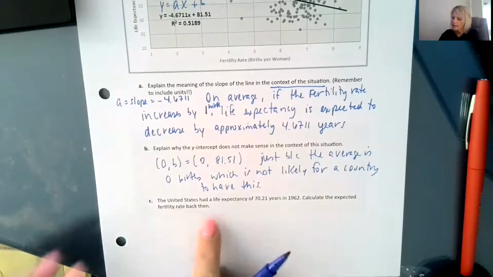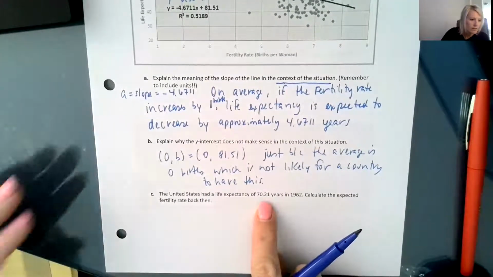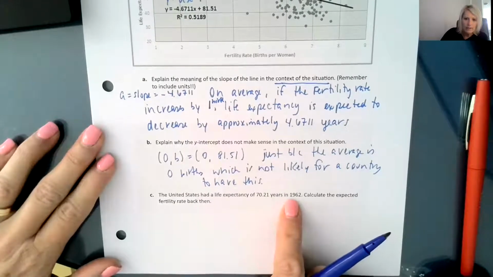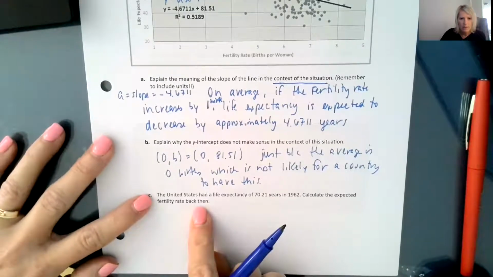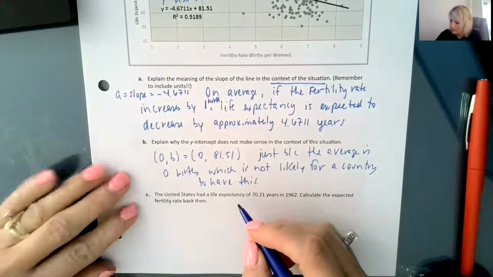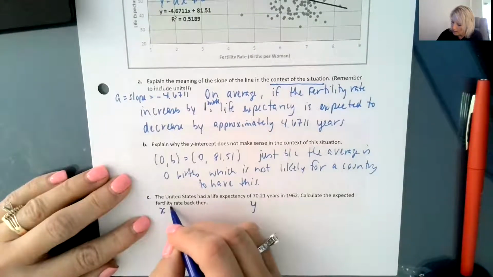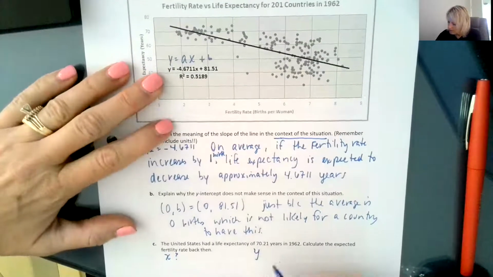C says the United States had a life expectancy of 70.21 years in 1962. Calculate the expected fertility rate back then. So they had a life expectancy. That means this is y, and they want to know x. We're going to use the equation that we were given.